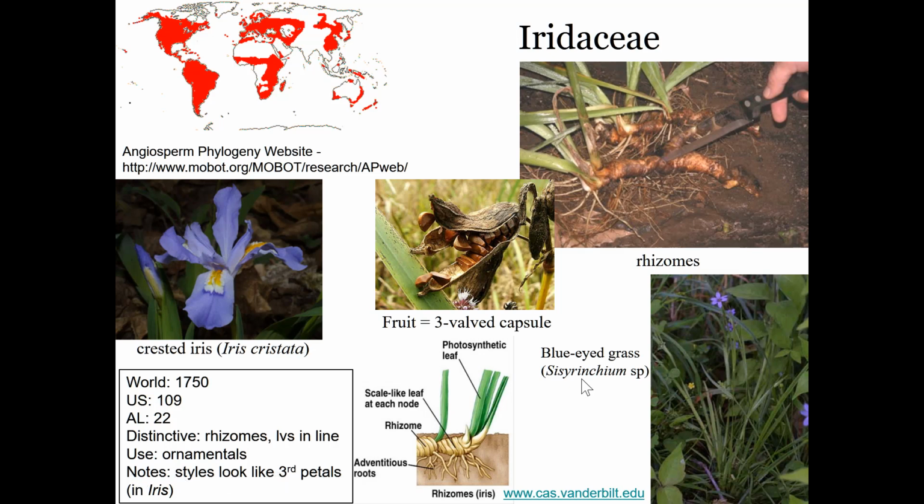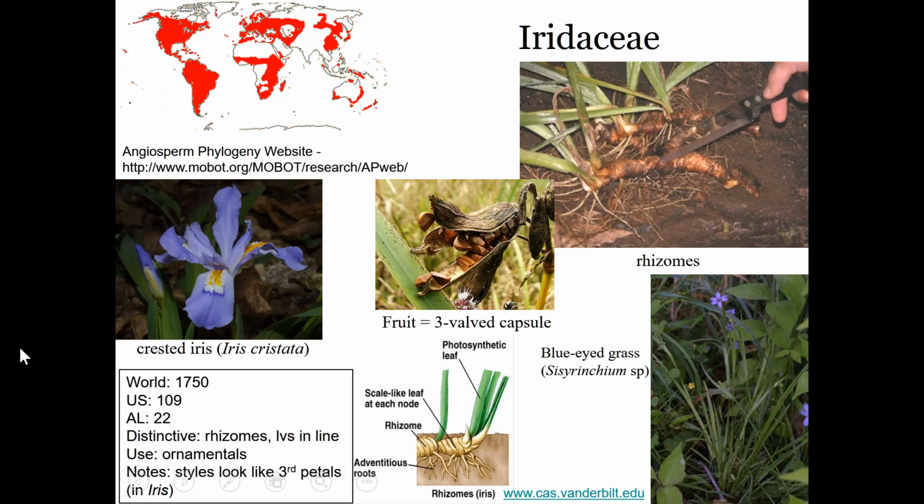Sometimes there are yellow-eyed grasses. Again, they will grow in a little line. It's kind of hard to see in this image, but if you saw an individual in the wild, you'd be able to see it. Flower parts in multiples of 3. And when it flowers, it's very distinctive. It looks like grass otherwise, but it comes up like this, and clearly blue-eyed grass.